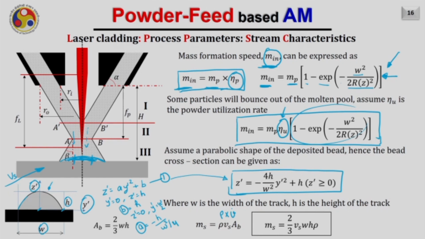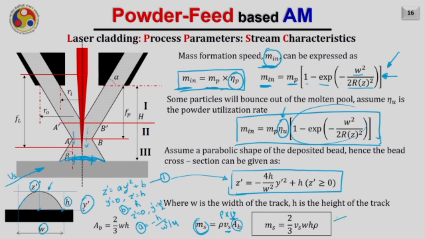If I know that, I can easily find the V dash because I know the cross section area of this bead, and in the transverse direction perpendicular to this area I am moving with the velocity Vs. Hence Vs into AB will be nothing but the volume flow rate onto the substrate. Therefore, the deposited mass will be equal to rho Vs AB.